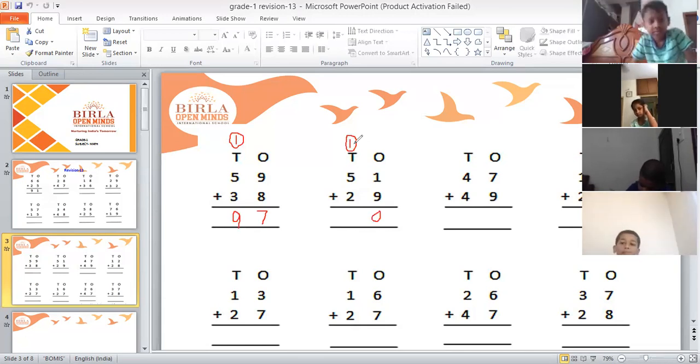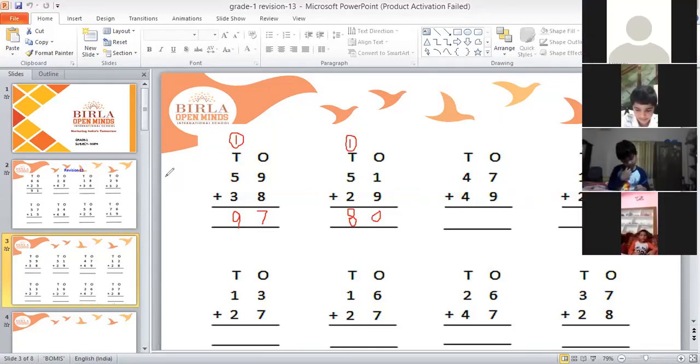Okay, 5 plus 2 is 7, and now 7 plus 1. 8. Very good. So now what is the answer? 80. Very good. The answer is 80. That's the correct answer.